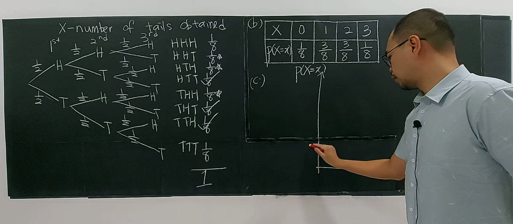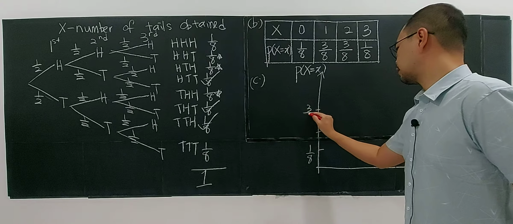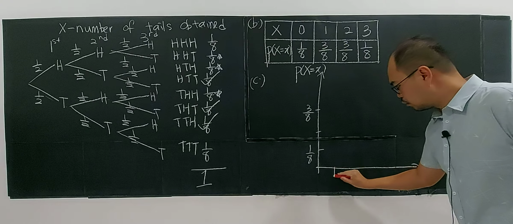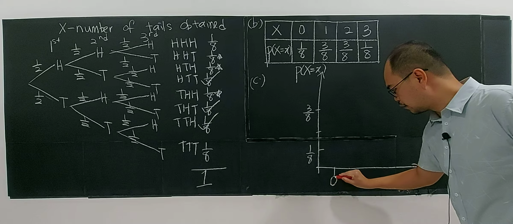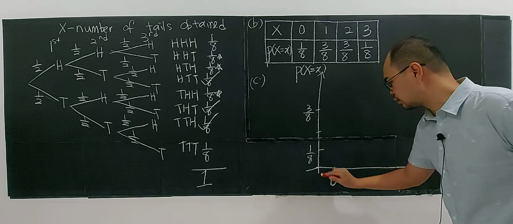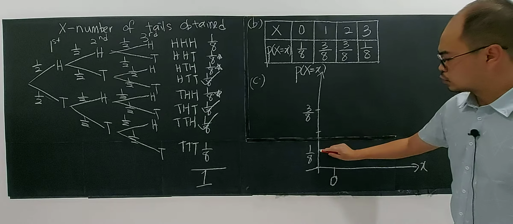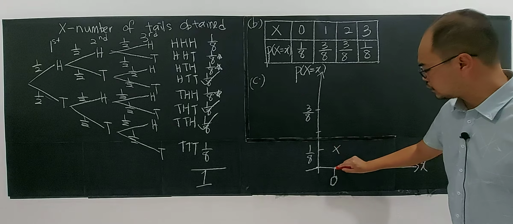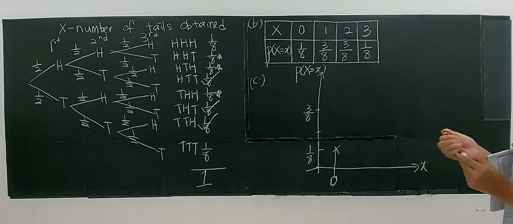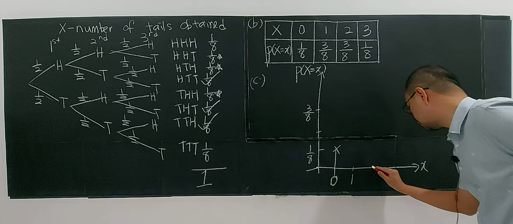For this axis, we start with 0, so it is easy for us to draw. For 1 over 8, we just put a cross here and we join it with a line. So you have 0, 1, 2, and 3.